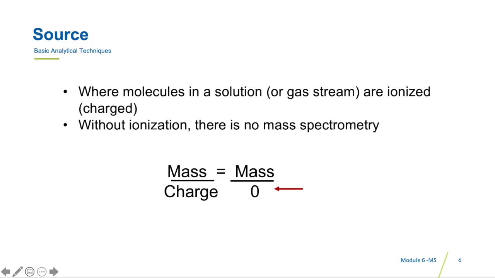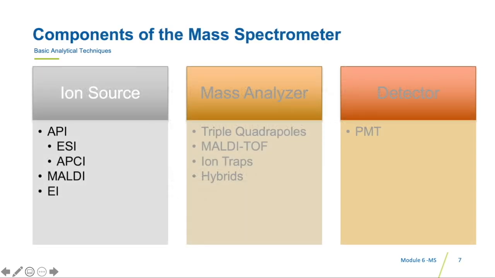We will discuss this again when troubleshooting methods in our in-person training. There are different types of ion sources available, and the selection of the appropriate one depends on the sample, the components we're trying to measure, and also the concentration at which they are present.